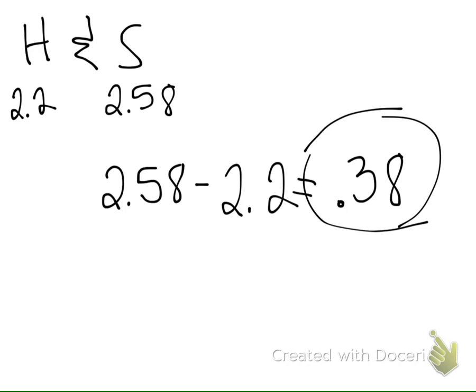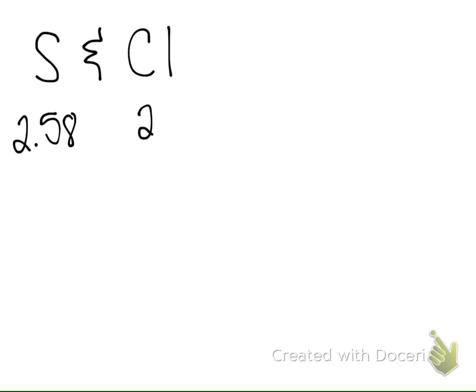Let's try one now between sulfur and chlorine. We determine electronegativity values for each of those elements individually. Sulfur we just saw was 2.58. Chlorine is what? 3.16.